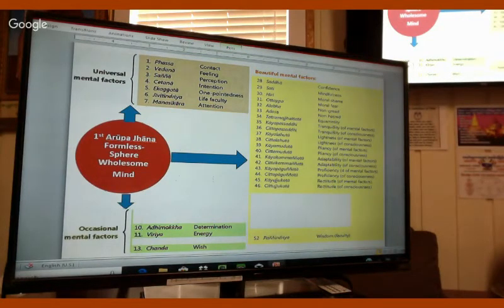So the first arupa jhana, we are already talking about that kind of consciousness. The object is akasa, space, infinite space. That object works with these kinds of mental factors.